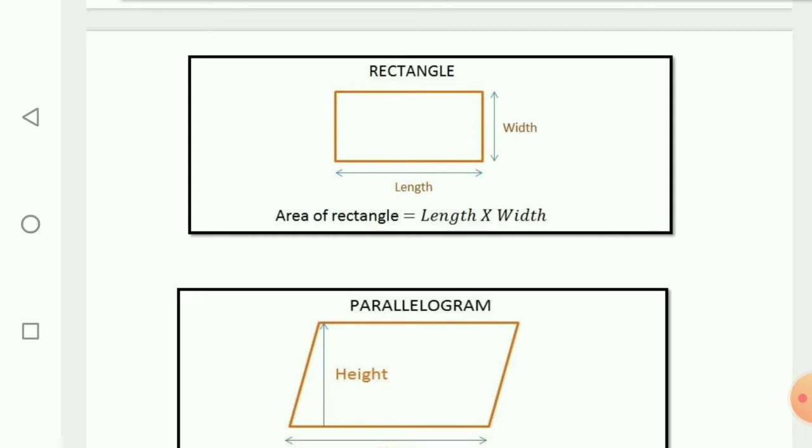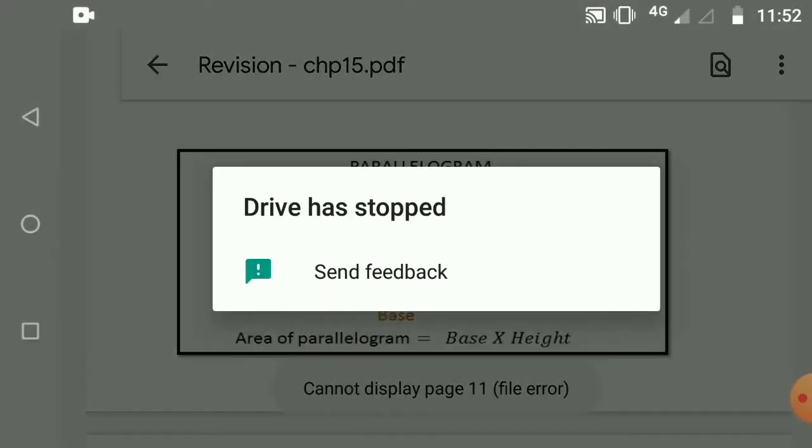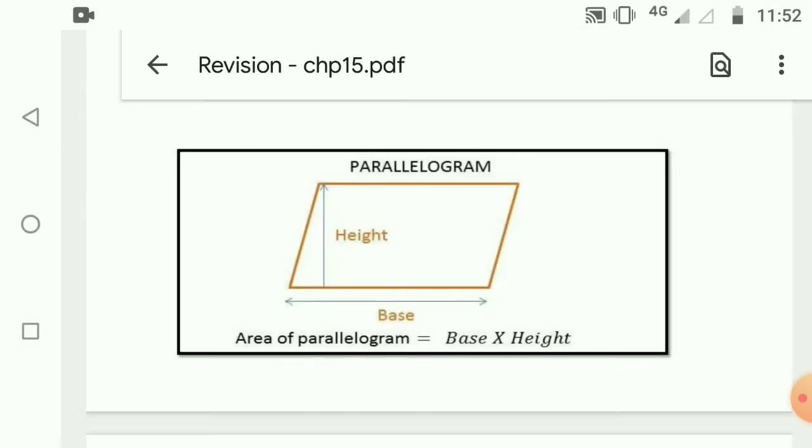Breadth and width mean one and the same thing. So using the area of rectangle formula, we have found out the formula for area of parallelogram. What is the area of parallelogram which we have studied? That is nothing but base into height.